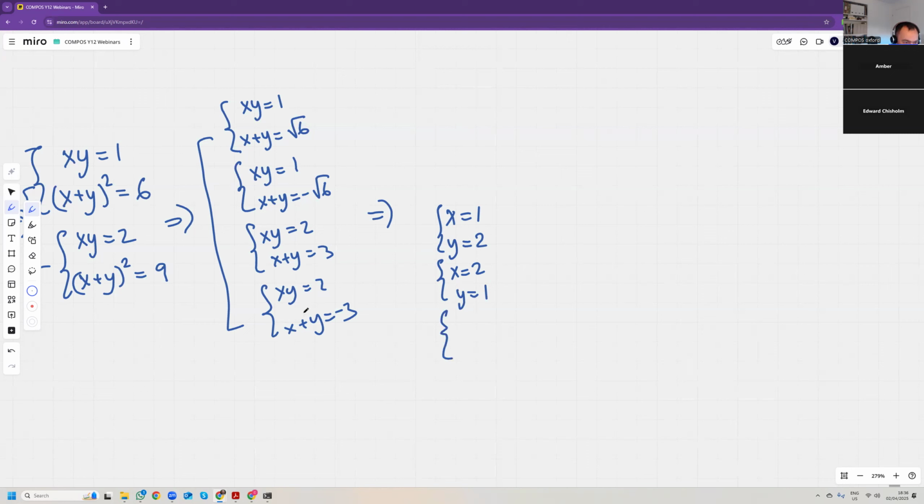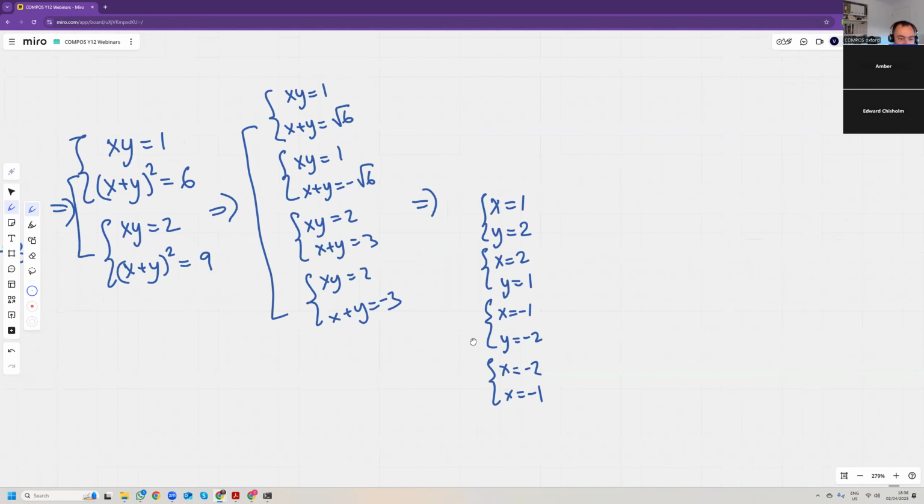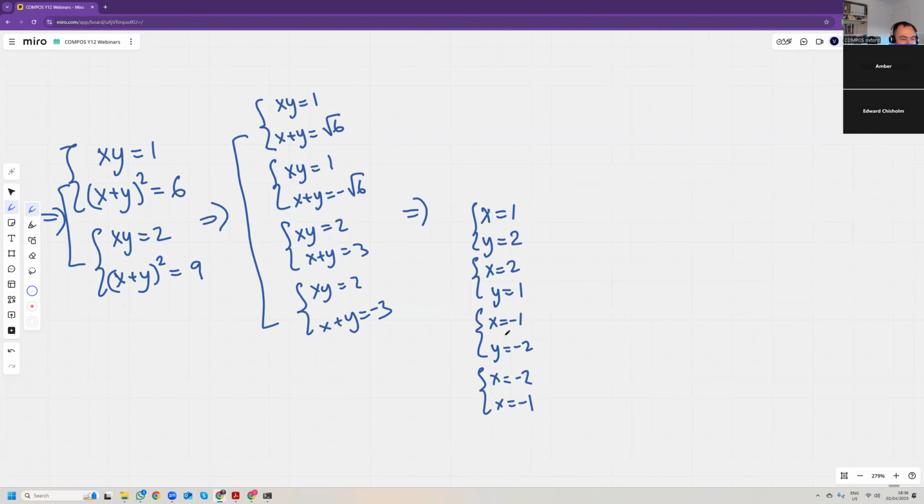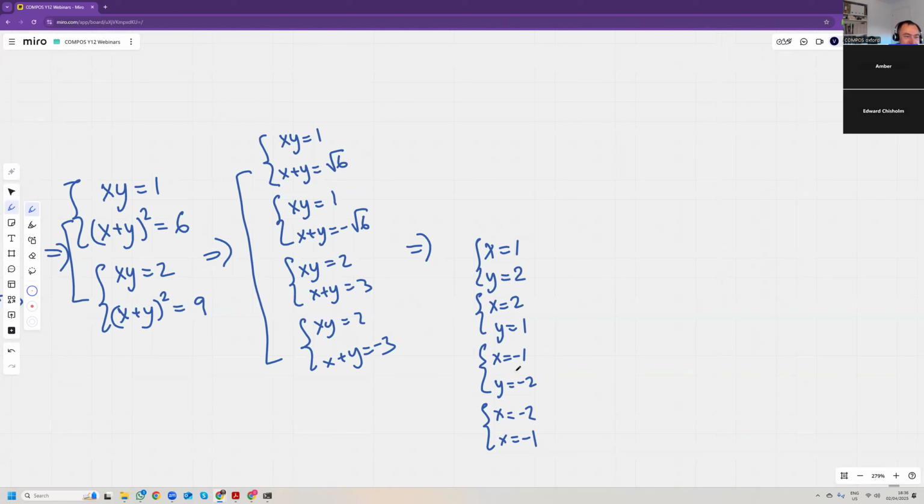So here, minus 1 and minus 2, x equals minus 1, y equals minus 2, x equals minus 2 and minus 1. Oh, wow. It's getting interesting.